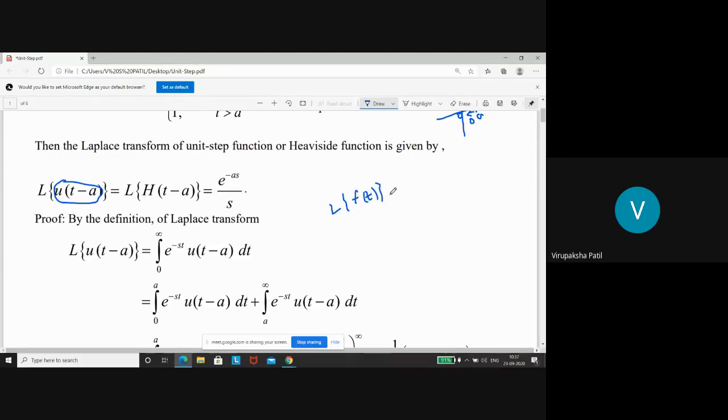L of f of t is equal to the integral from 0 to infinity of e to the power minus st into f of t dt. Don't get confused.